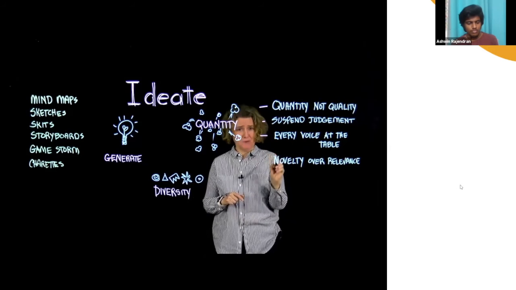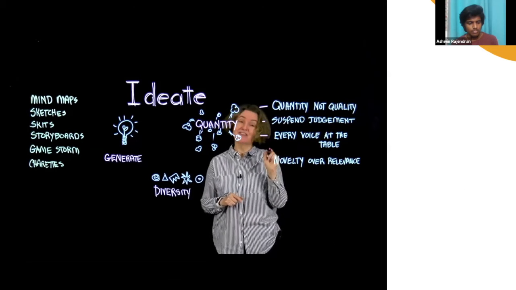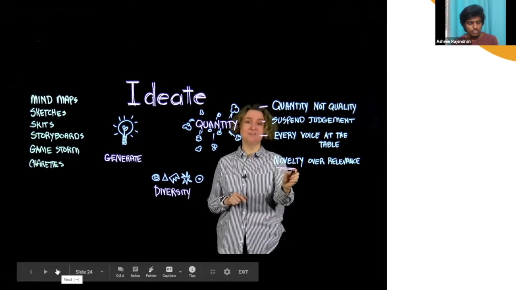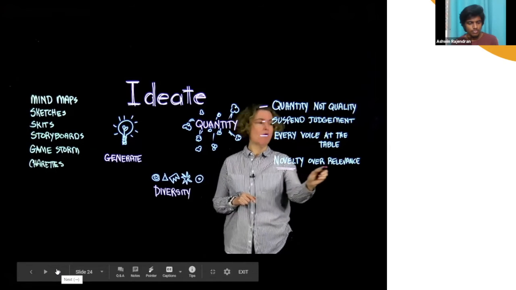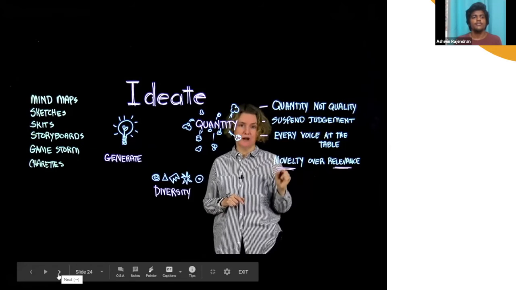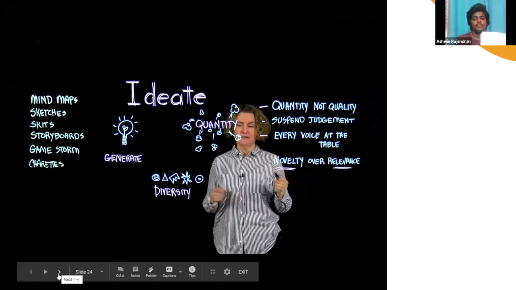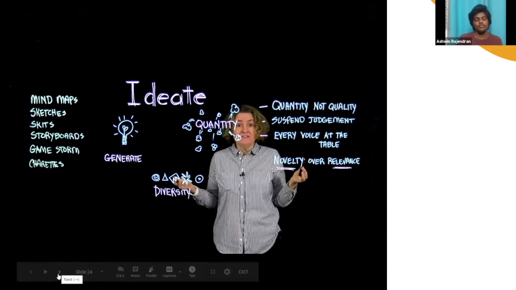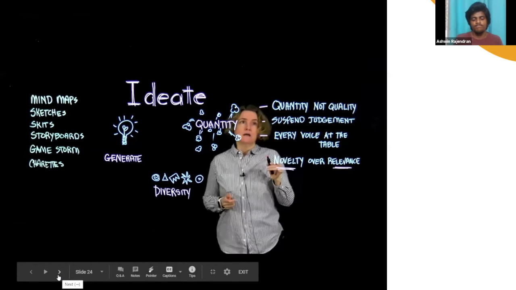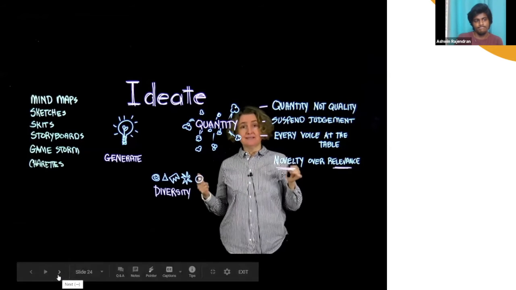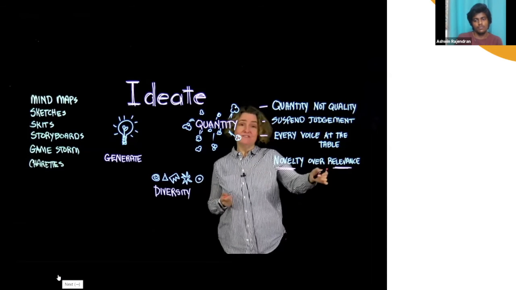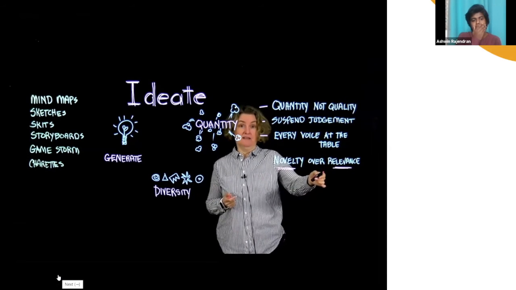Now, here's the critical point. The toughest point is that we want to focus on novelty over relevance in the ideation process. Now, you're probably thinking, well, if it's not relevant, what good will it do? From my experience in decades in the design industry, relevance is something that people do really, really well.